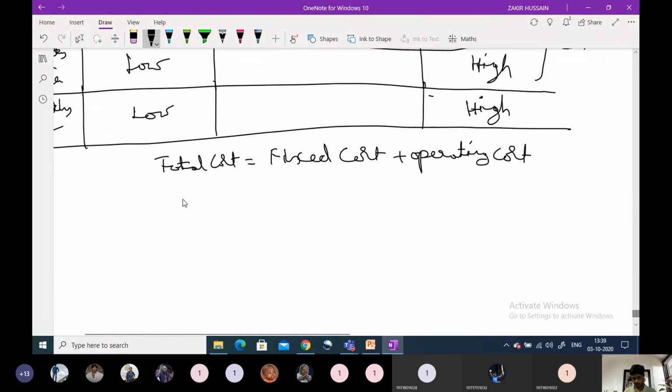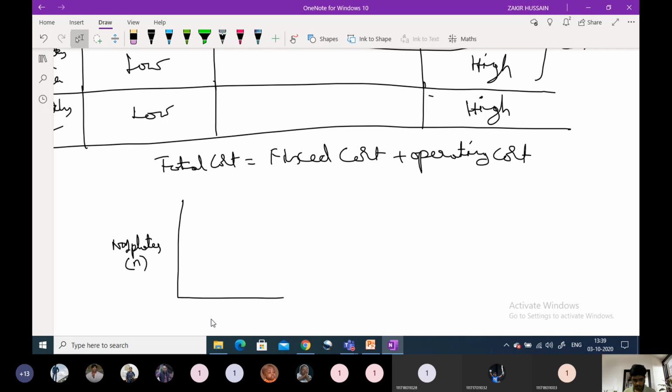If you draw a graph between the number of plates, which we denote with N, and the reflux ratio, which we denote with R.